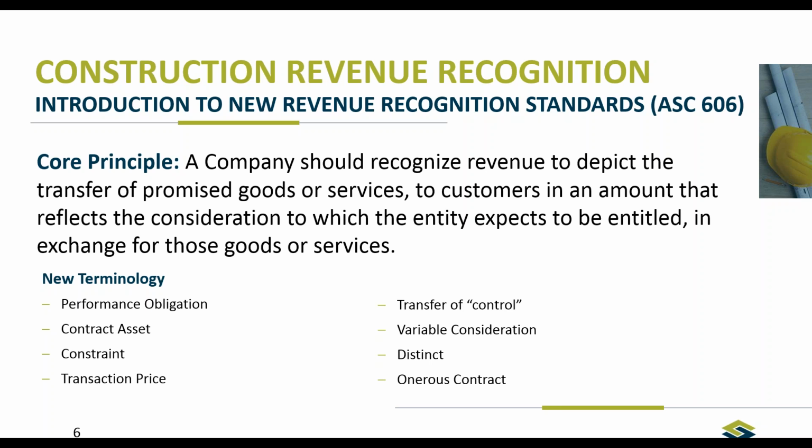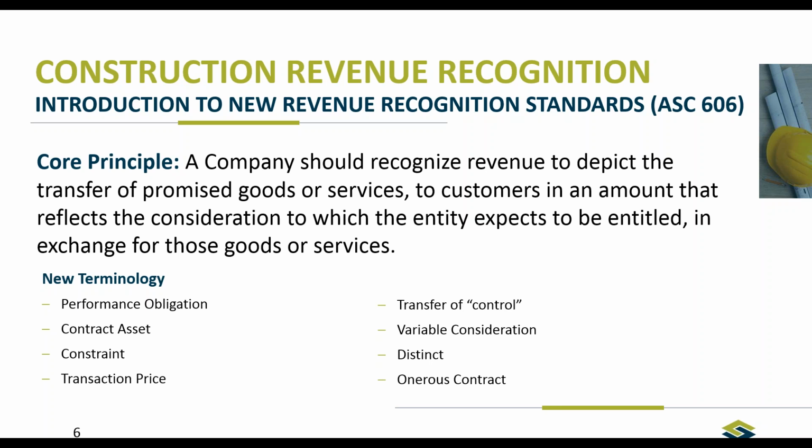Just to give you the definition, the core principle of the new standard is that a company should recognize revenue to depict transfer of promised goods or services to customers in an amount that reflects the consideration to which the entity expects to be entitled in exchange for those goods or services.